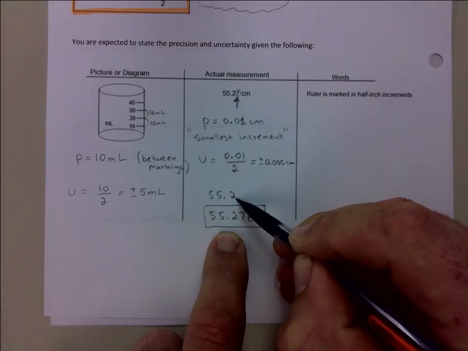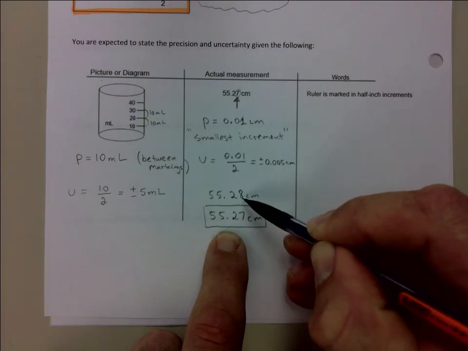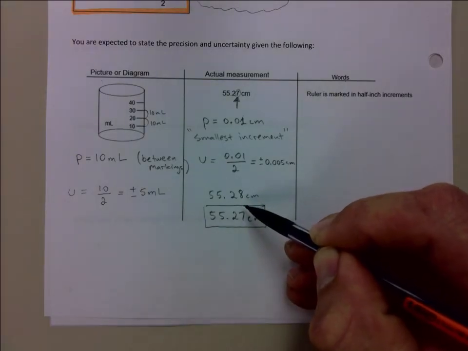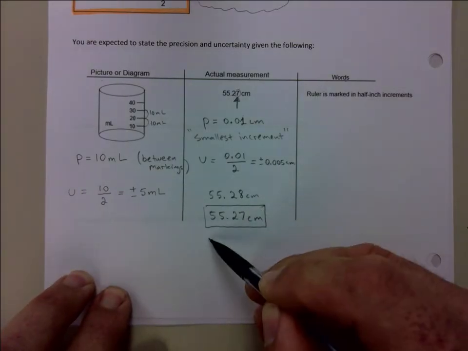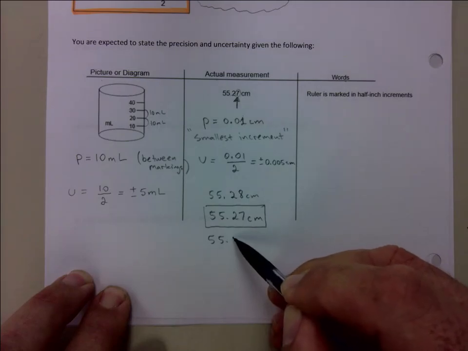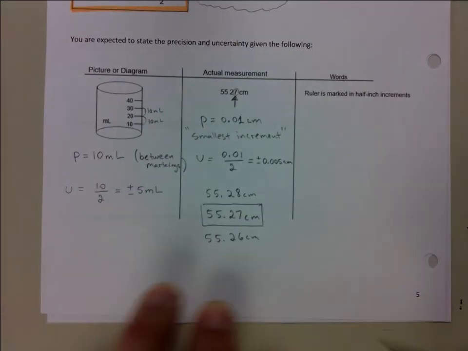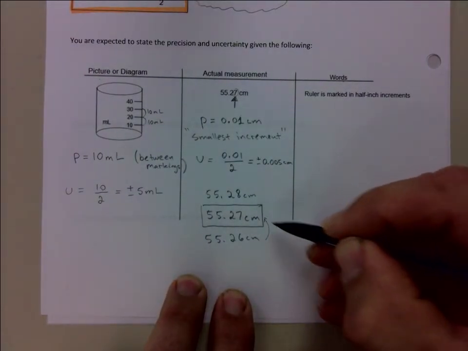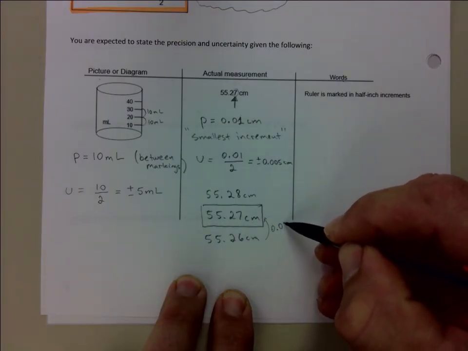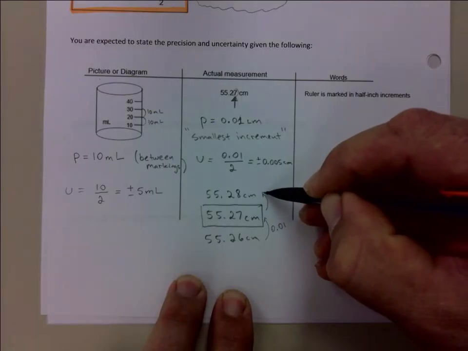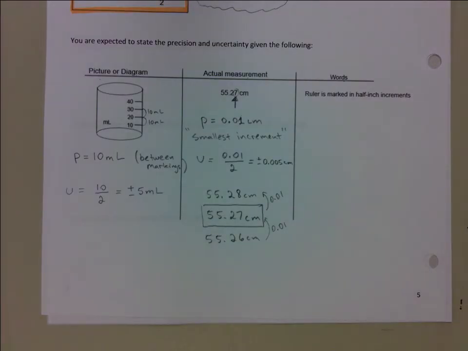What would the next amount be? 28, correct? 27, 28. That's about the smallest you could increase. What about on the way down? This would be 55.26. Okay? And guess what? How much do we go up from one to the other? 0.01. Got it?